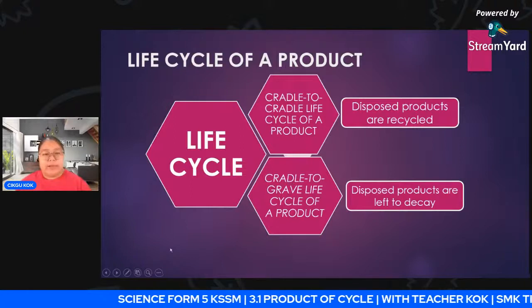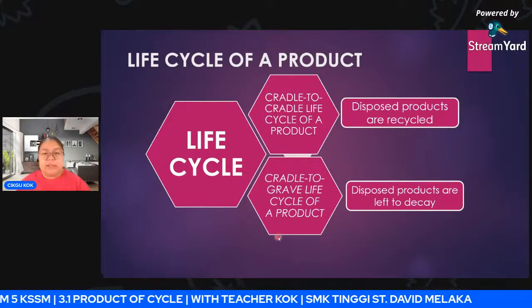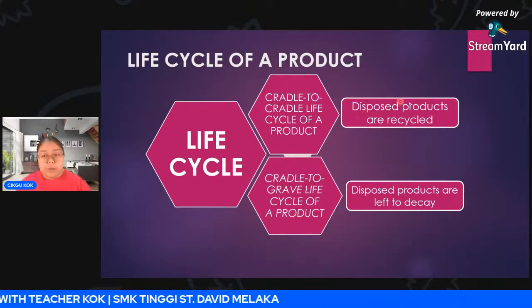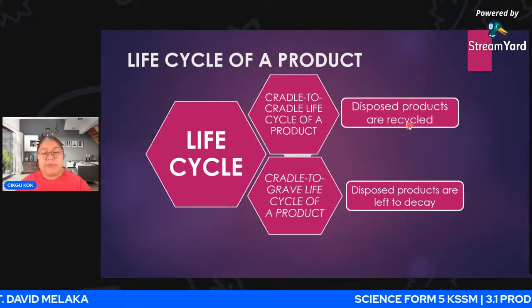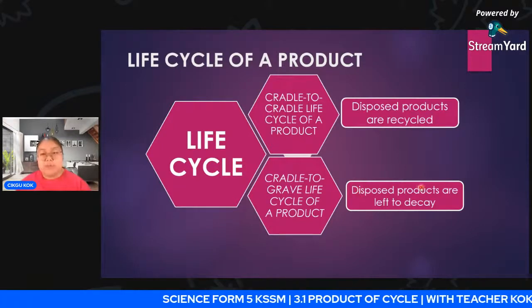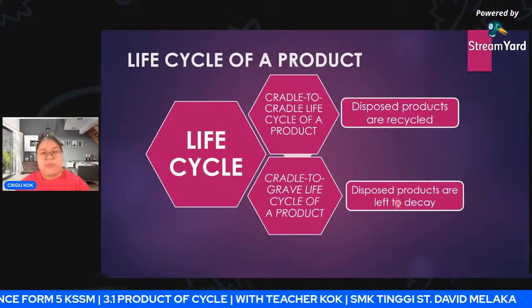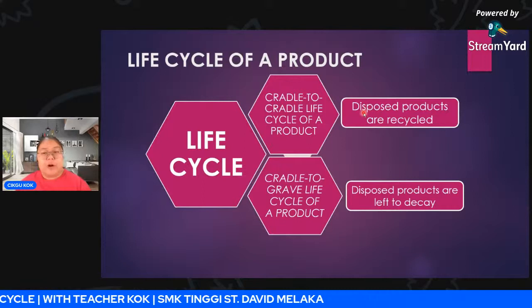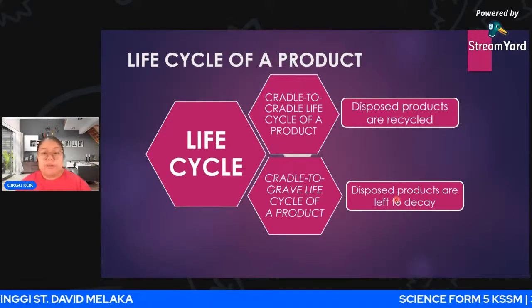The other one is called cradle to grave. Let's see what the differences are. Cradle to cradle means disposed products are recycled. The disposed product you produced, after that you go and recycle. Cradle to grave means disposed products are left to decay. Left to decay, and after that we do other things. So that means the first one never decays, it goes straight to recycle. If it decays, that means it can still produce some gases.